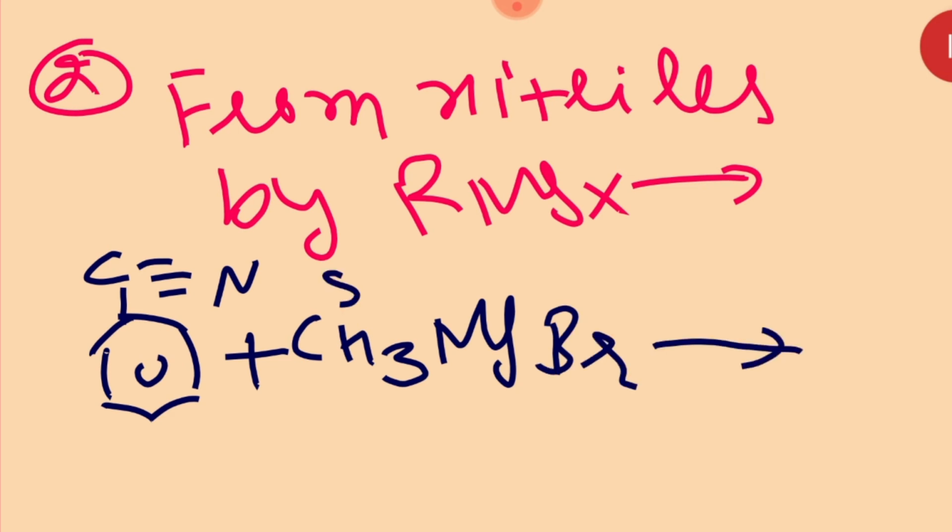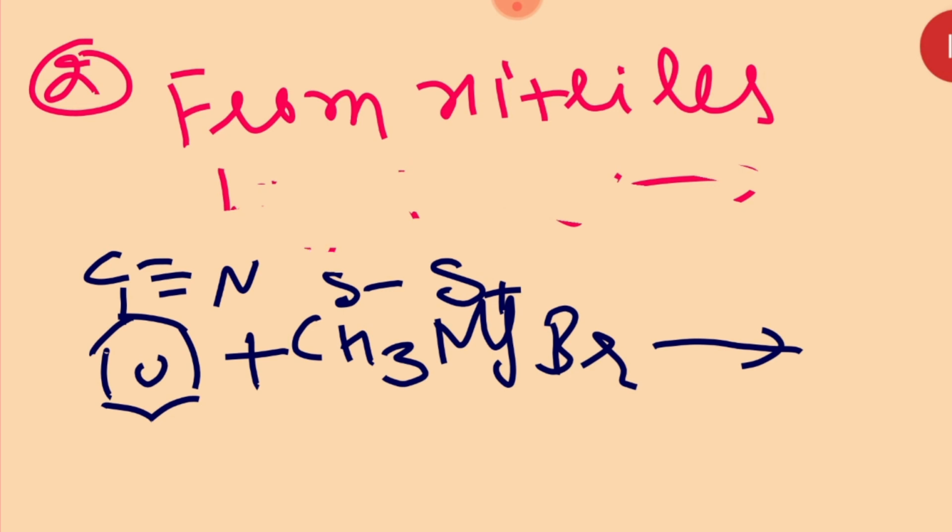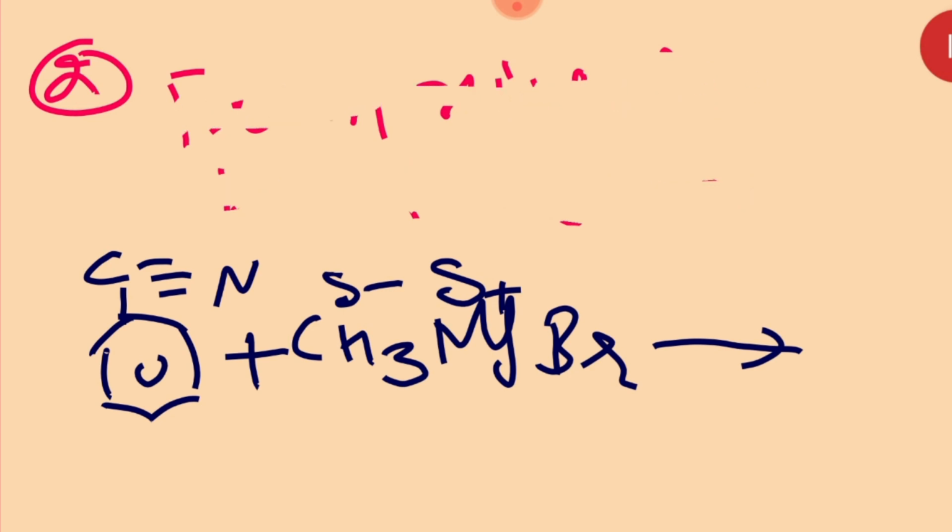Everybody knows one thing: here it is negative, here it is positive. Then what to do there? What product are we getting in this case?